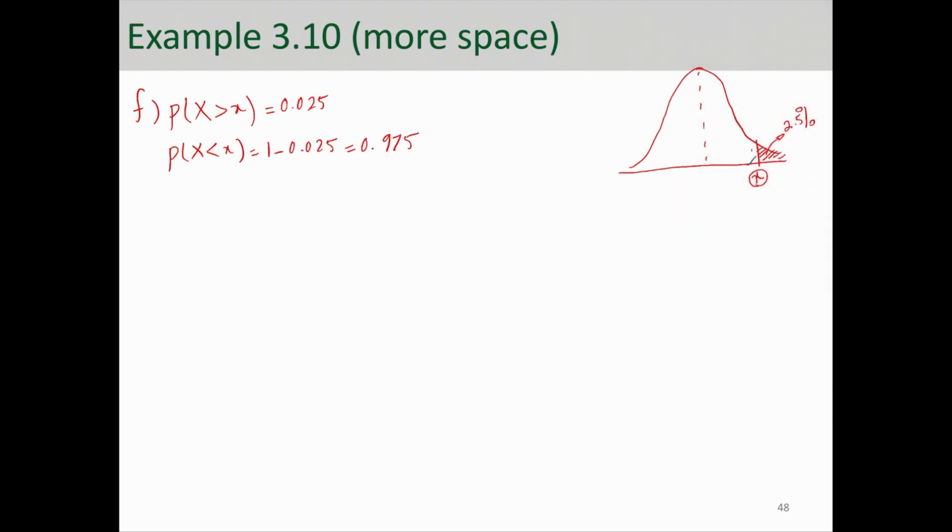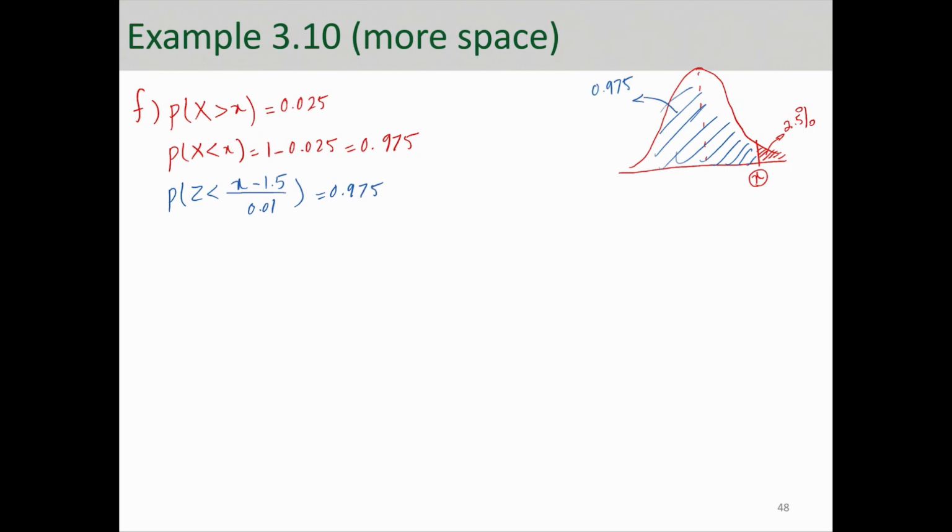And that means this area is 0.975. If that's the case, we can start the transformation here. The probability of z less than (x minus 1.5) over 0.01, where x is the little x that we don't know, is equal to 0.975.